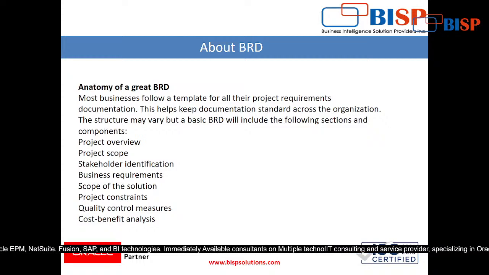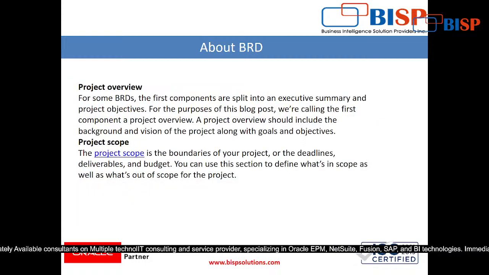Suppose they say that we want an approval process. So what we are going to write here in project scope is that we are providing the approval process, but only for 2 levels. Secondly, in the scope, we are going to migrate only the last 2 years of historical data. That's it.